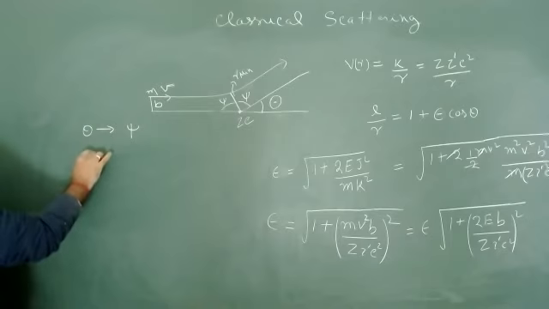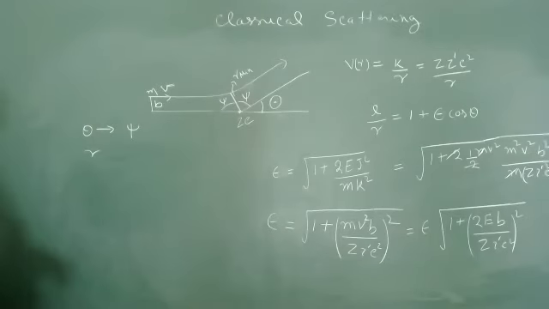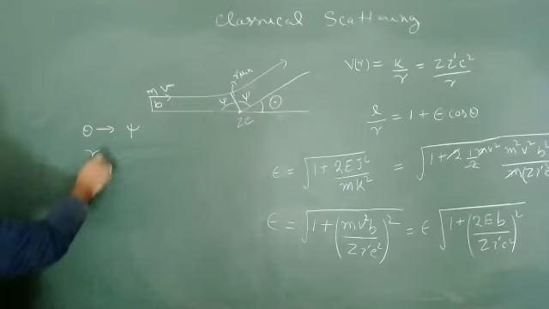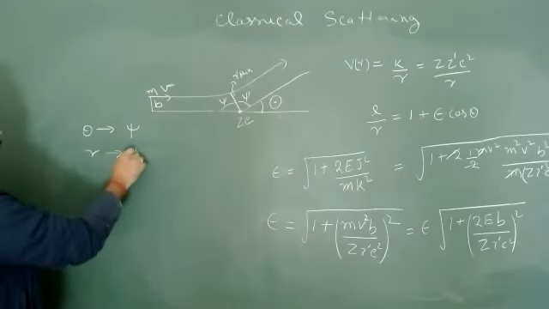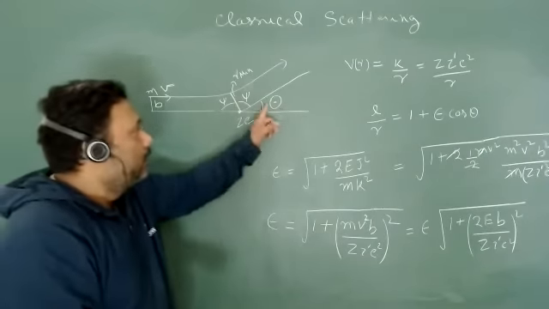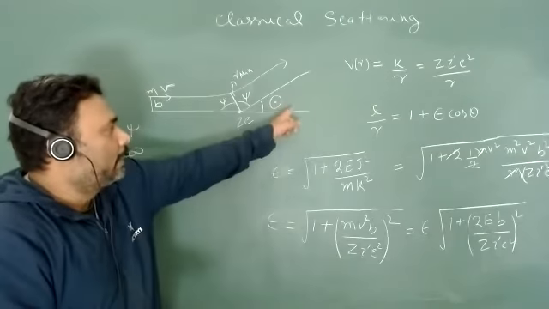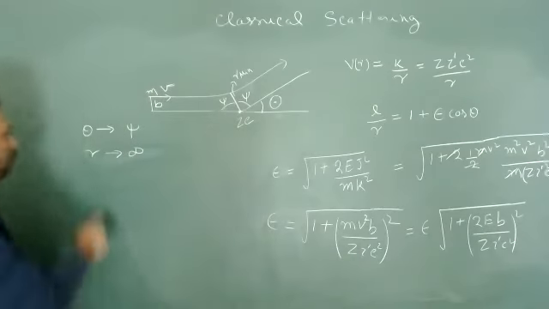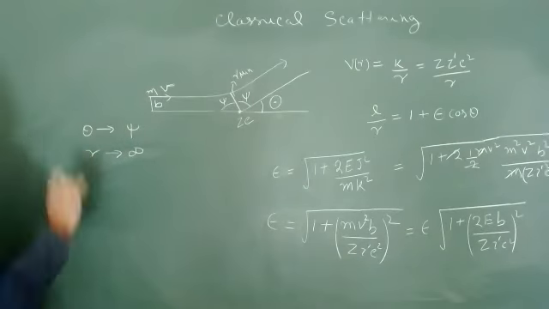What will happen to r? It tends to infinity. Exactly, r tends to infinity. So this is our condition. And this theta is not the other theta, please, this is my capital theta. Always keep in mind: theta tends to psi, r tends to infinity.